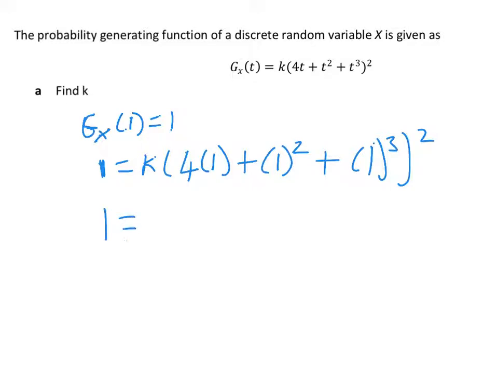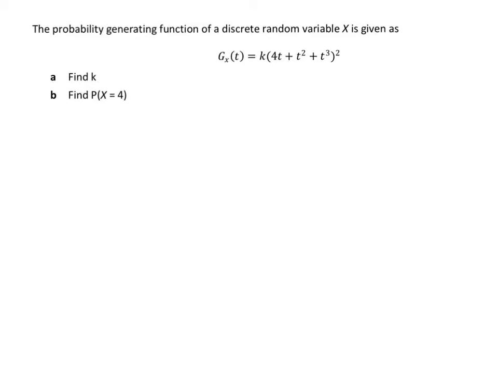So 1 equals K lots of, well, we've got 4 plus 1, that's 6. 6 squared is 36. So K is 1/36. Okay, so we've done part A.